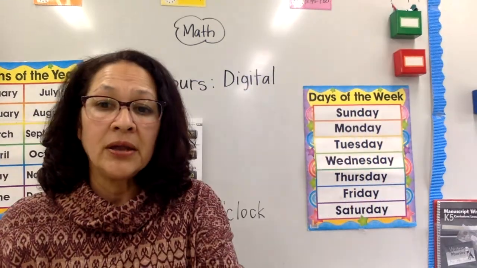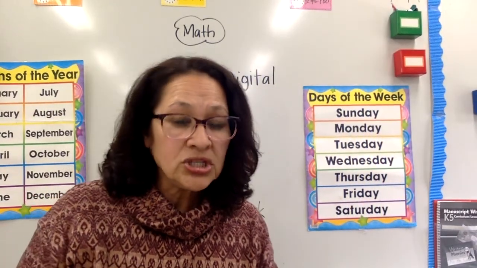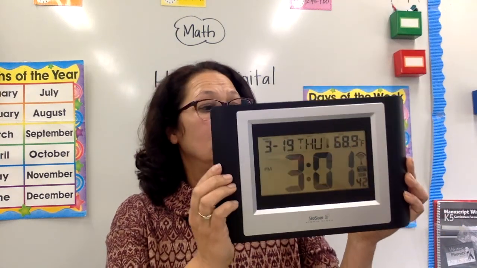Today we're going to talk about another way of telling time, which is digital. Remember, you have this clock on the wall in your classroom, so this is digital. So if this said 3 o'clock, pretend that this was a 0 because right now it's 3:01, right?